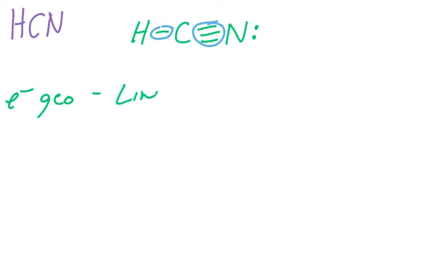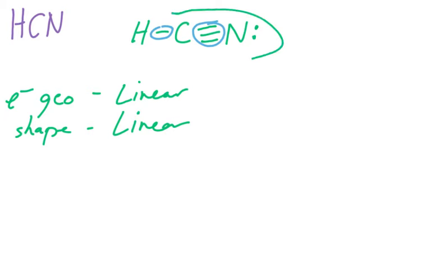So linear. And the shape must be linear. So this is actually drawn correctly. It's the only one that we can draw where the Lewis structure is actually the same as the shape structure. And the angle is a straight line of 180 degrees.